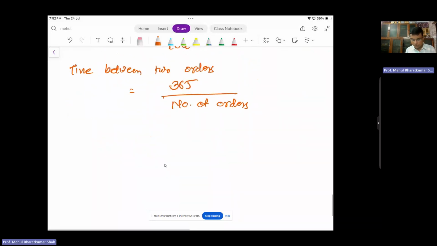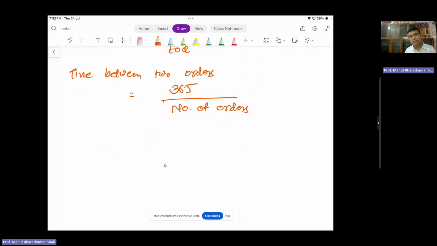Okay, so the formula is on your screen. Time between two orders is 365 divided by number of orders.